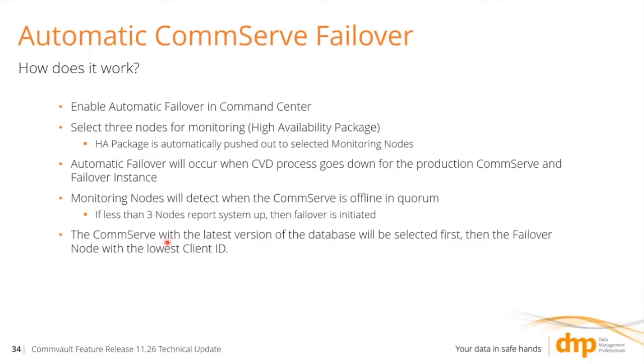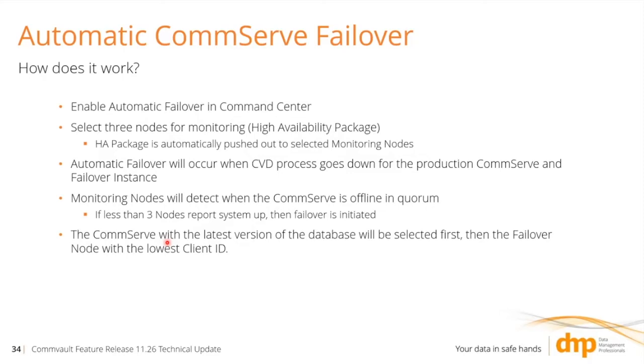That will be monitored by 3 nodes at least. And if less than 3 nodes report the system up, then a failover is initiated. So 3 nodes must say, okay, this environment is still up, nothing will happen. But as soon as one of them notices that the CVD process is down for both instances, then automatically the failover will take place.